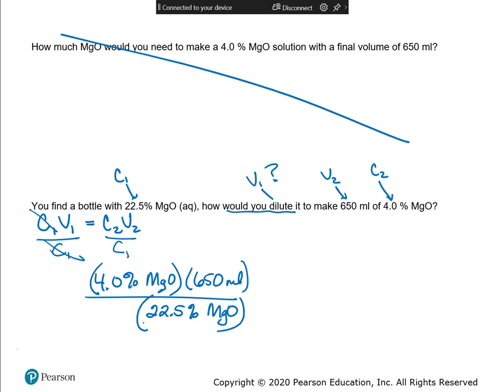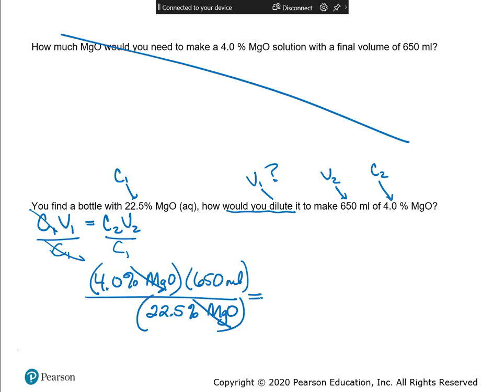So do you see that the percents will cancel? So percent of MgO in the top and in the bottom. So those units will cancel. And that's going to tell me how much of this 22.5% magnesium oxide I'd use. I don't have to change percent to a number. You can just leave percent as it is, just because they're going to cancel as long as they're both percent.